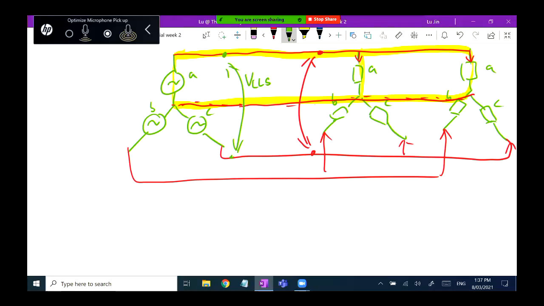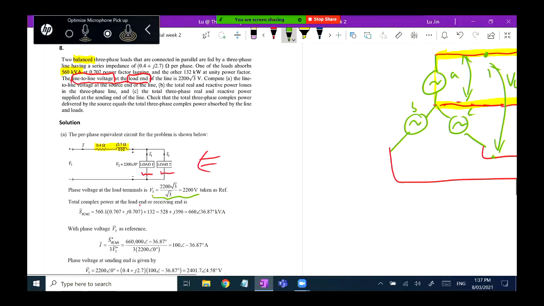Okay. Of course, for this case, we can try to determine the source side phase voltage first, and then multiply by square root of 3 to get the magnitude of the line-to-line voltage at the source side. Everyone, okay? Are we on the same page? Okay. So now our task is to determine this thing.